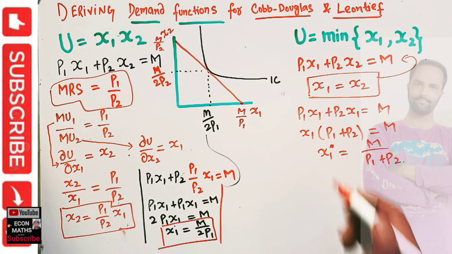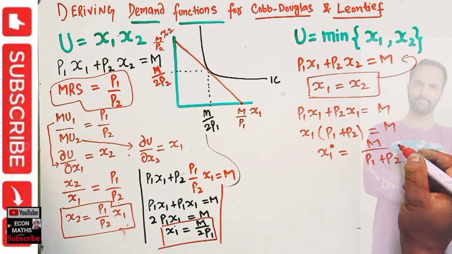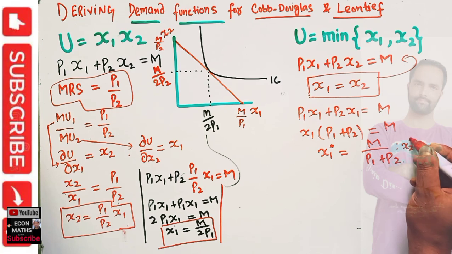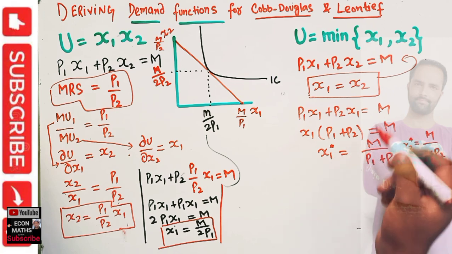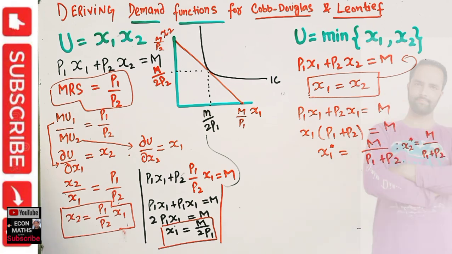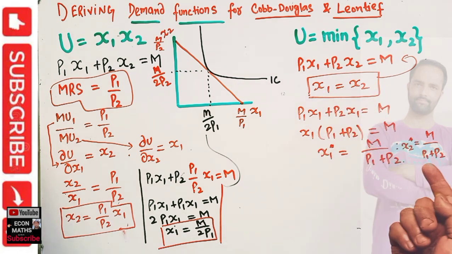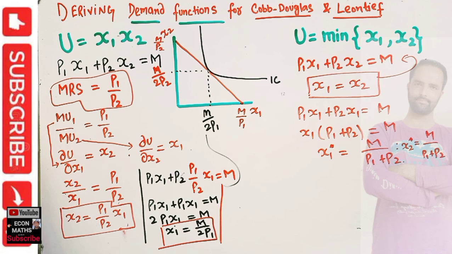Similarly, or symmetrically, you can calculate for x2. That will be the same, that means x2 will be equal to m upon p1 plus p2. Since x1 is equal to this, and we know x1 is equal to x2, that means x2 will also be this m upon p1 plus p2.